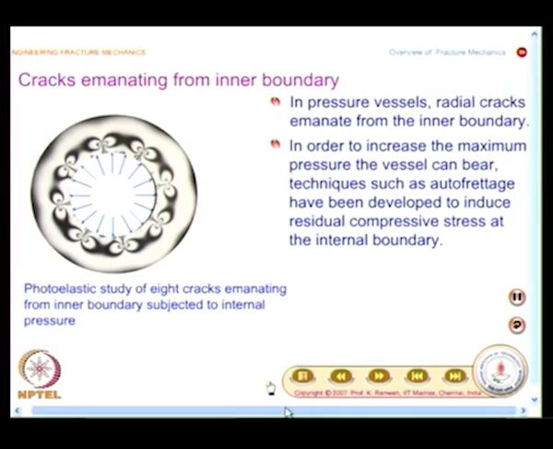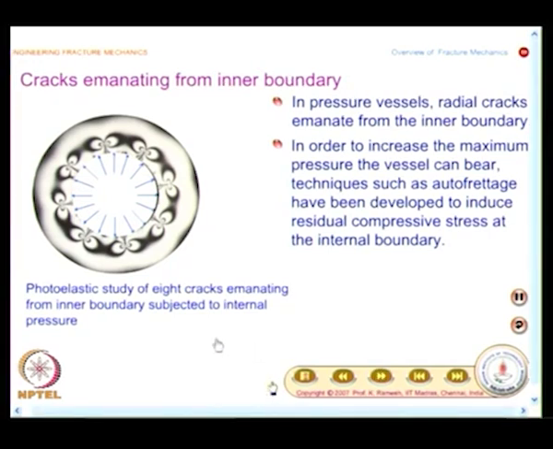And in pressure vessel technology, they want to increase the pressure carrying capacity of the vessel, and you all know that the inner boundary is very heavily stressed. So, there is a possibility of cracks emanating from the inner boundary.